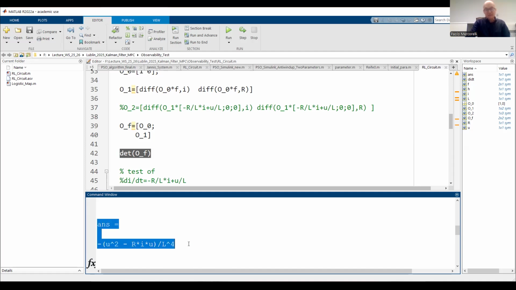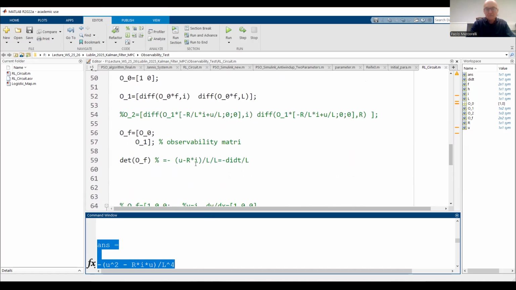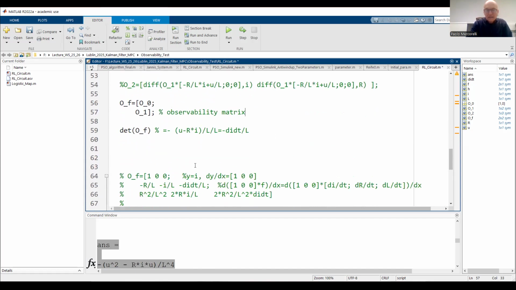This answer here says a lot of things to us. Why that? I put this calculation, this blue calculation here. Look, this matrix. Now I can write, I see the mistakes.